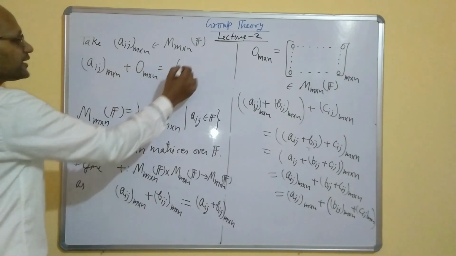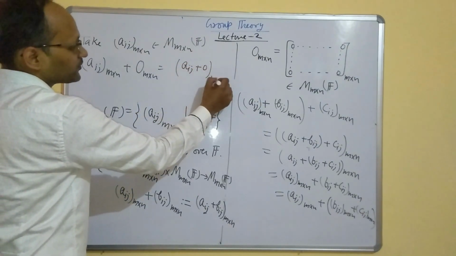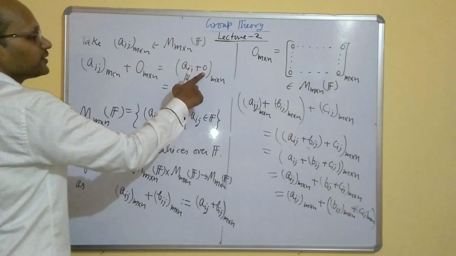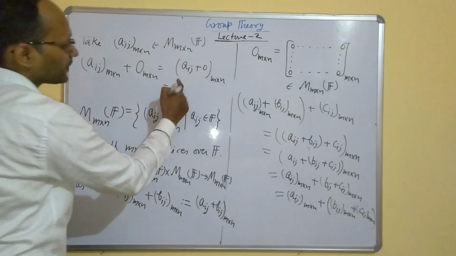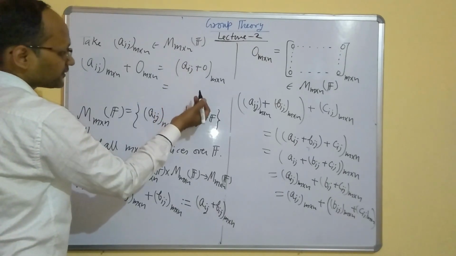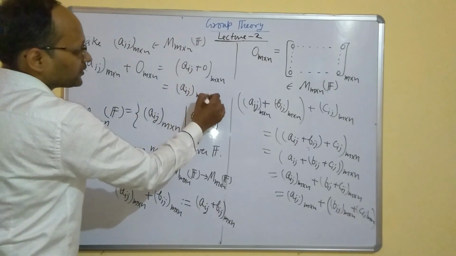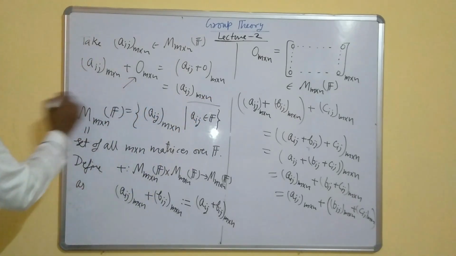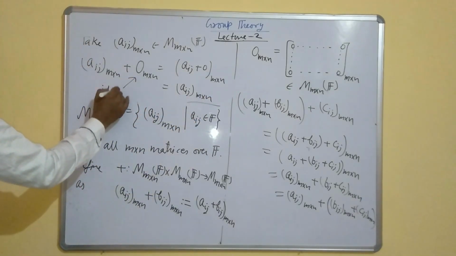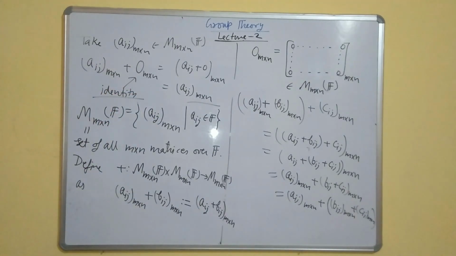Then what we will get is that A_ij will be added with 0. This is 0 of the field, and when you add 0 with it, you will get A_ij, m cross n. So this element is working as an identity element. So you may say that this is a semigroup with identity.